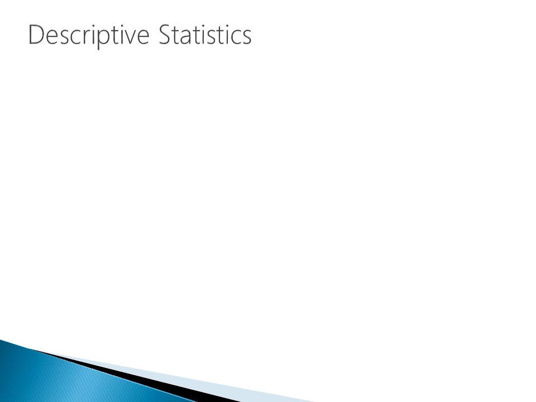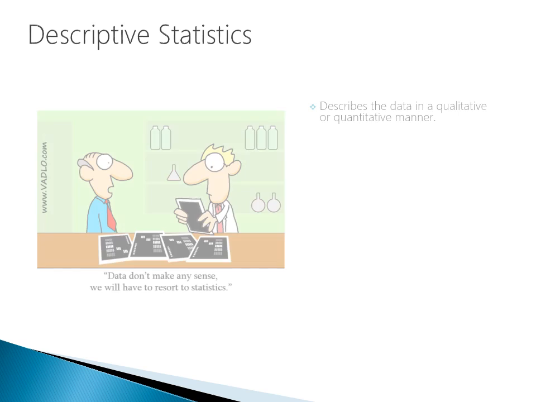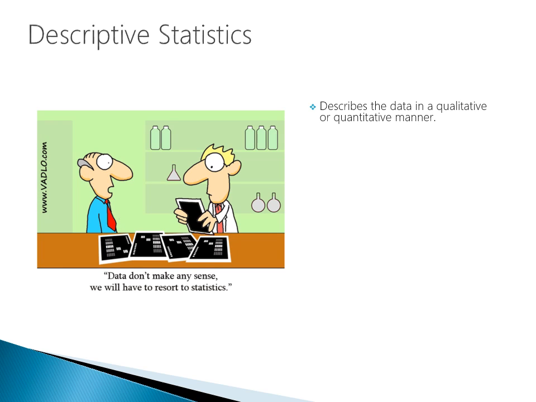I now want to spend some time talking about descriptive statistics. I'm not going to get into a very deep discussion of statistics in general, but more of an overview of some of the techniques that are important to consider when working with predictive model building. All descriptive statistics are is they describe the data in a qualitative or quantitative manner.